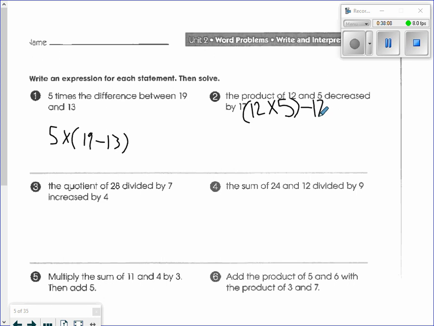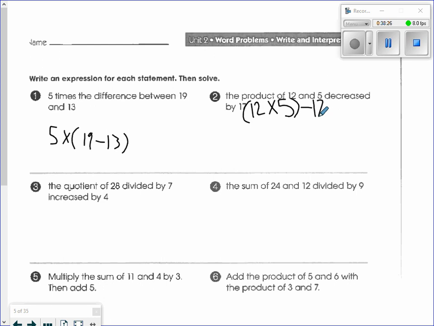So you're taking the product and you're decreasing it, which means you're making it smaller. So you have to subtract it by 17. The quotient of 28 divided by 7 increased by 4.